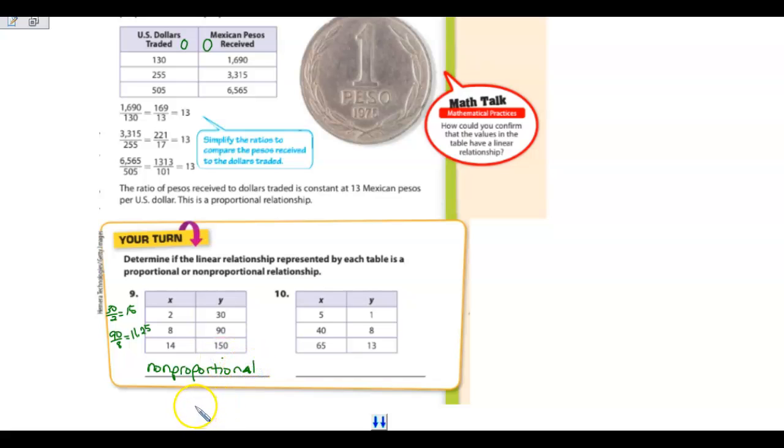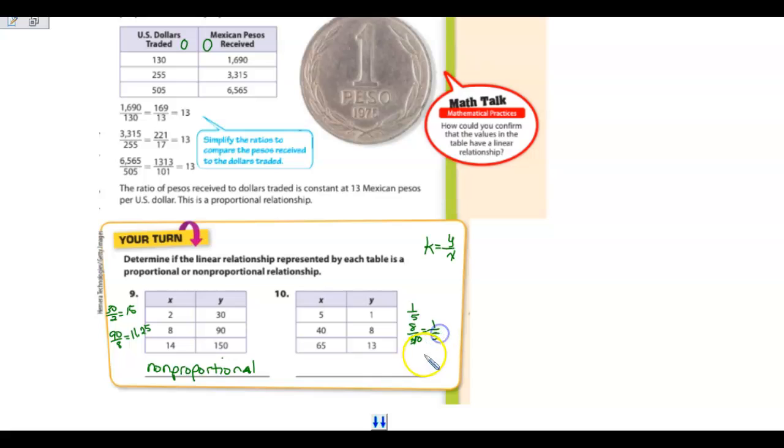Okay, let's take a look at number 10. When I look at these, I see that I have 5 to 1, 40 to 8, and 65 to 13. And I know that my constant is my y over my x. So that would be 1 over 5. That can't simplify down anymore. This one would be 8 over 40. And that simplifies down by dividing both by 8.